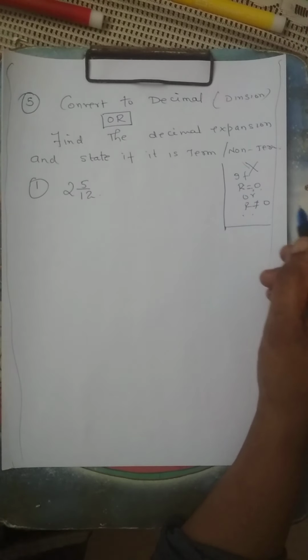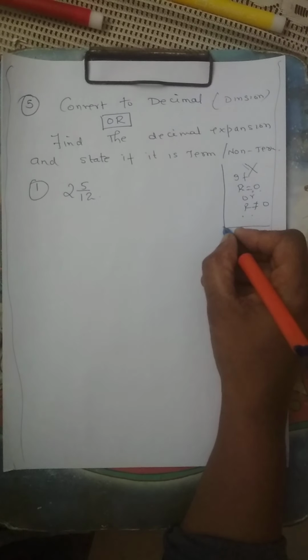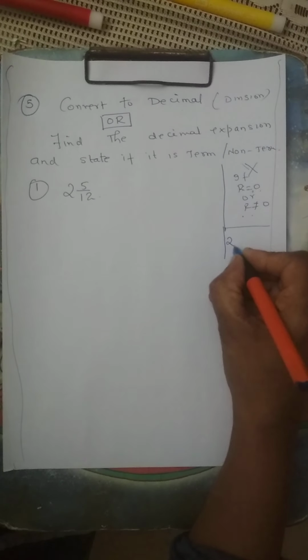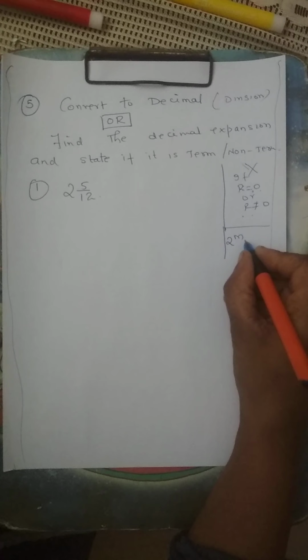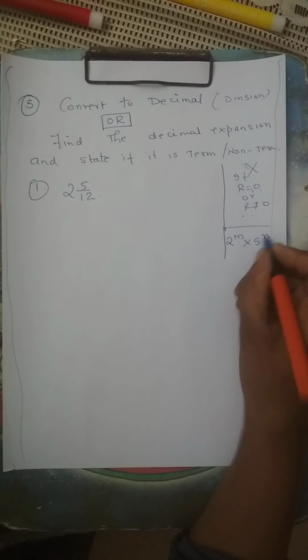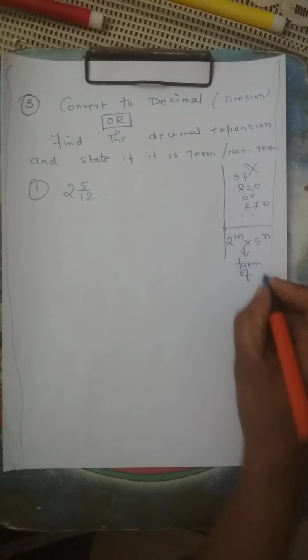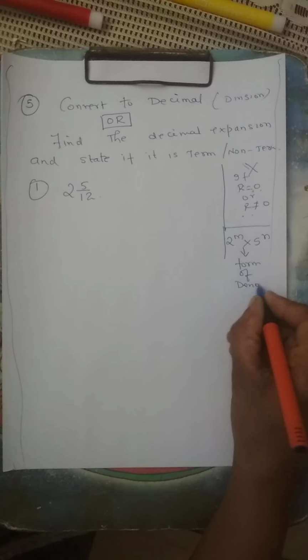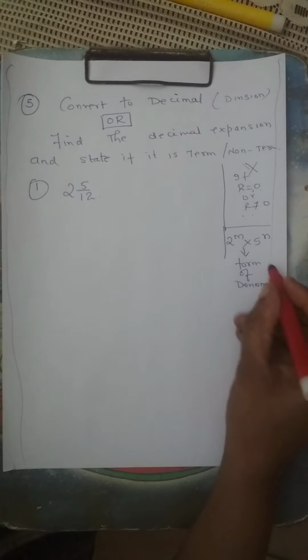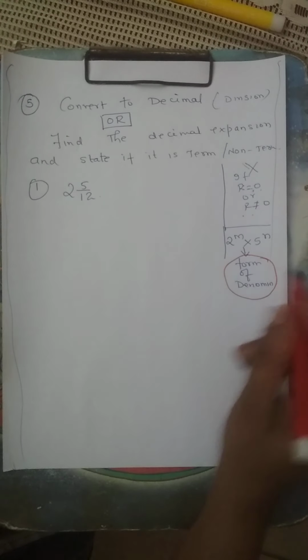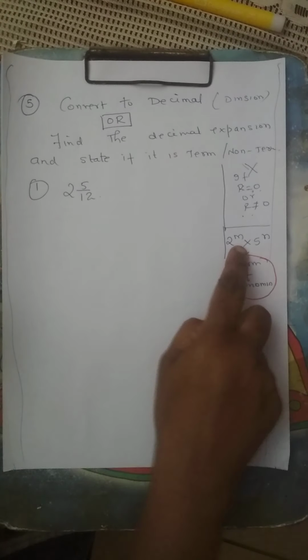Repeating. So, there is another condition for terminating: 2 raised to m into 5 raised to n. This is the form of the denominator. The minute the denominator takes this form, yes, it is terminating.